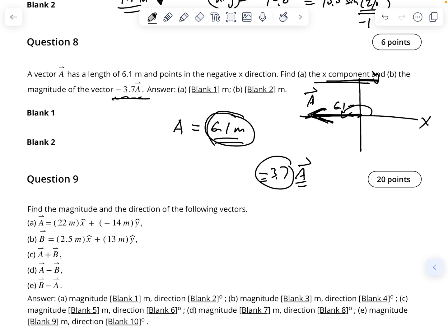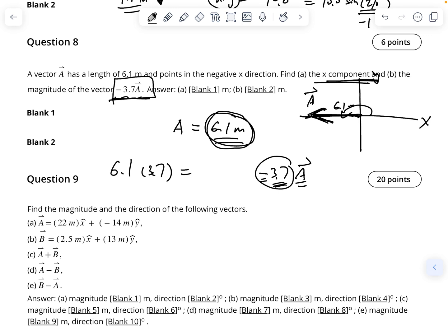Whatever this guy's magnitude is, times 3.7. So basically you multiply by negative 3.7.